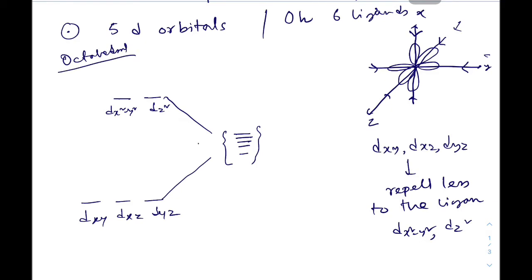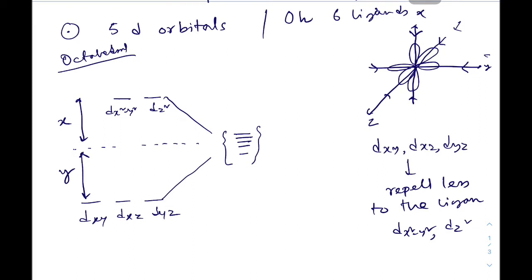And there is a barycenter, which means the net destabilization caused by x is equal to the net stabilization caused by y. Now there are 2 orbitals causing destabilization, which is equal to the 3 orbitals causing stabilization.